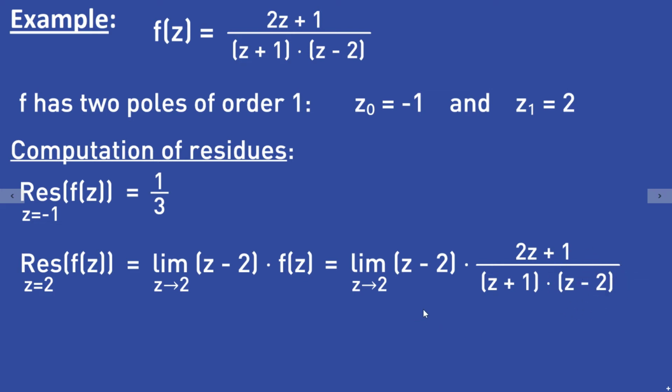We can cancel this, and now the limit is equal to (2 times 2 plus 1) divided by (2 plus 1), and this is equal to 5/3. So the residue of f at the pole z equals 2 is equal to 5/3.